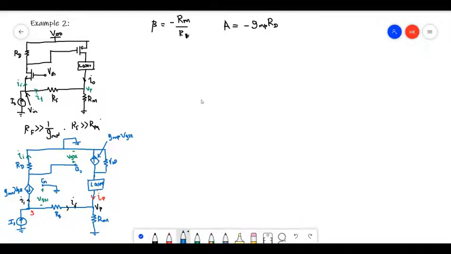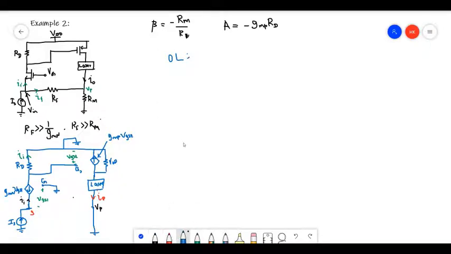Okay, now let's calculate the input resistance. Calculating the input resistance is actually very easy here. First of all, I need to calculate the open loop input resistance. Again, remember that these things are not present, so maybe I erased them, otherwise you will get confused.